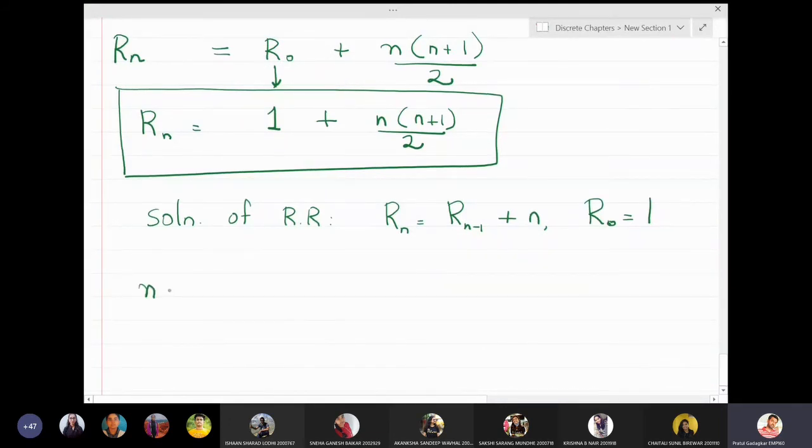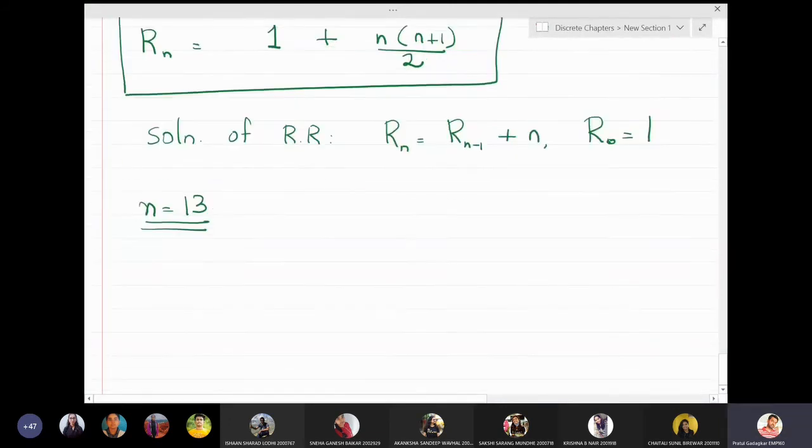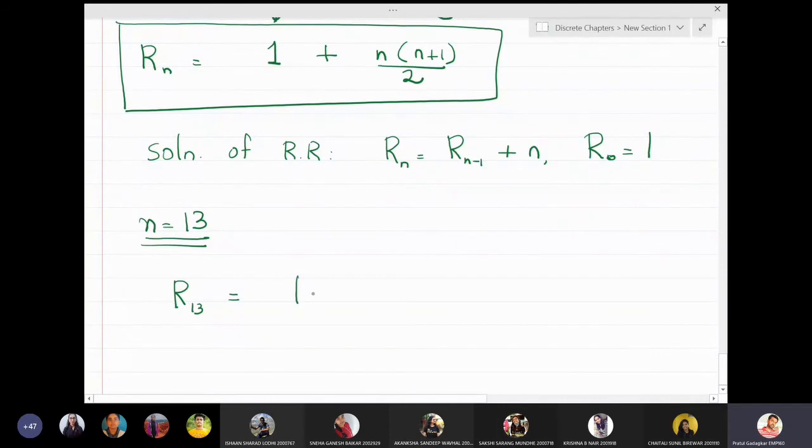So if I put n equal to 13, because the question originally was asking how many regions will you get when you draw 13 lines, in that case your R13 will become, by this formula, 1 plus 13 multiplied by 13 plus 1 divided by 2.